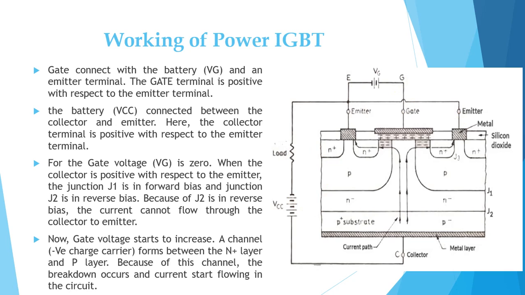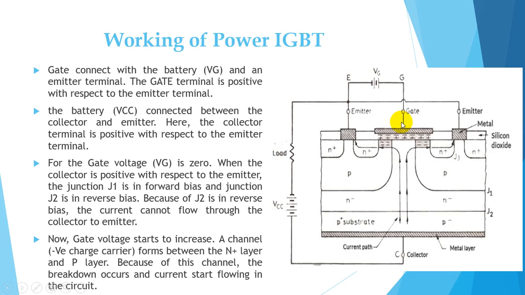Any one junction among the three junctions may be reverse biased, and that reverse biased junction doesn't allow any current to flow through the device. After that, we apply the voltage across gate and emitter. An N channel, meaning electrons, is formed.